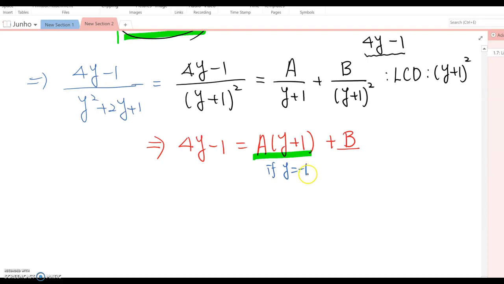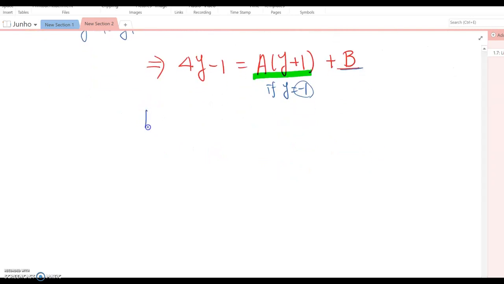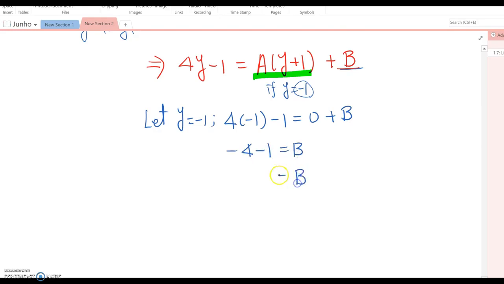So I'm going to input negative 1 into y and find b first. So let y equal negative 1, then 4 times negative 1 minus 1 equals 0 plus b. So negative 4 minus 1 equals b, which means b equals negative 5.